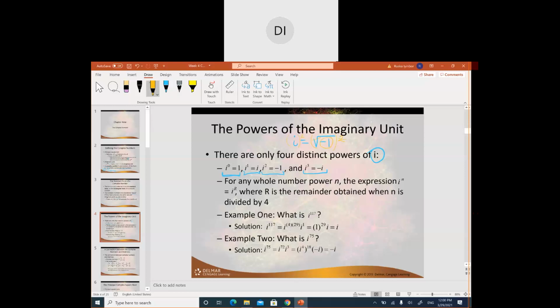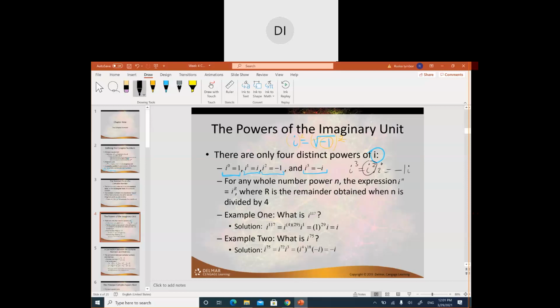And the other one, you have i cubed. How do you get i cubed? i cubed is i squared times i, right? Now i squared is negative 1, and that's how you get negative i. Okay? So we're going to assume that these 4 exponents for i are given.